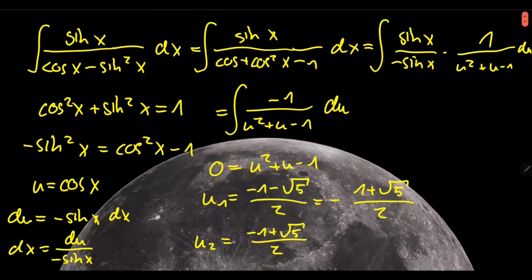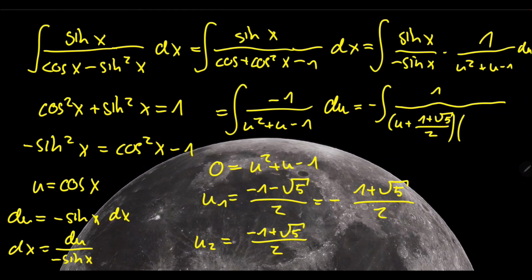And now we can factor our integral nicely, giving us minus the integral of 1 over u plus 1 plus the square root of 5 over 2 times u minus 1 plus the square root of 5 over 2 times du.